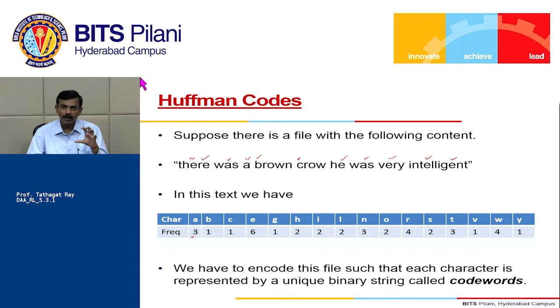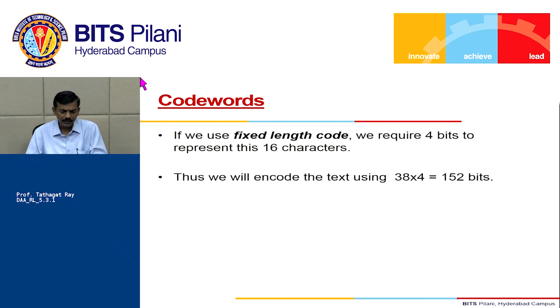So that's what we want to optimize here. Recall, when do we apply greedy algorithm? Whenever we have to solve an optimization problem. So here the optimization problem is we want an optimal encoding such that each character is represented by a unique binary string called code words, okay? So let's say we use a fixed length code.